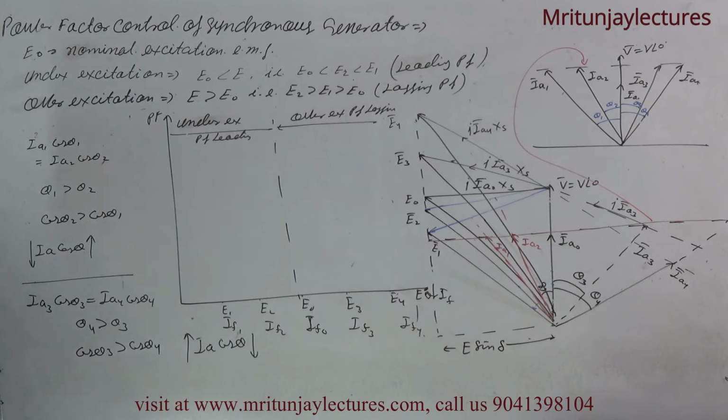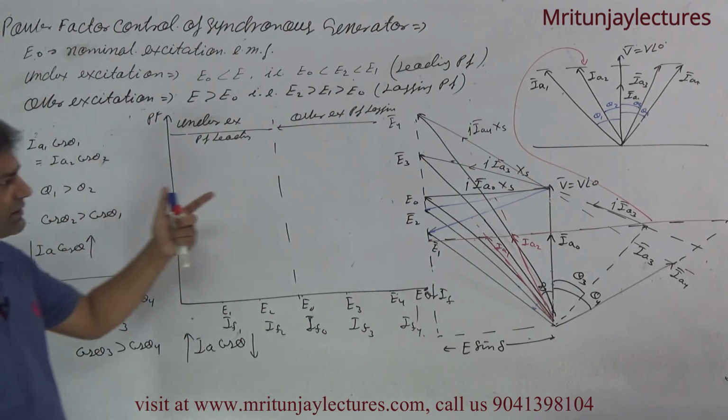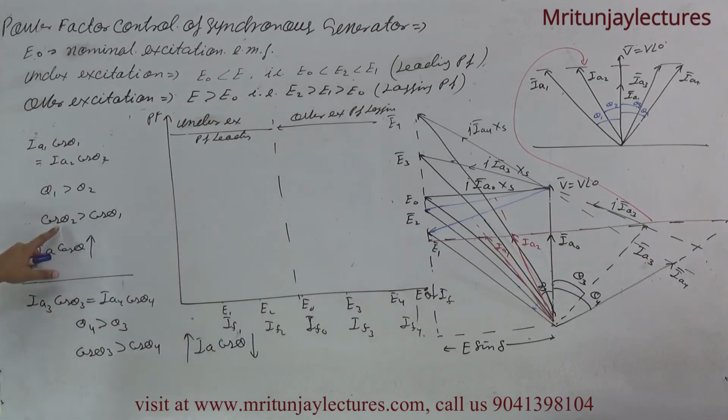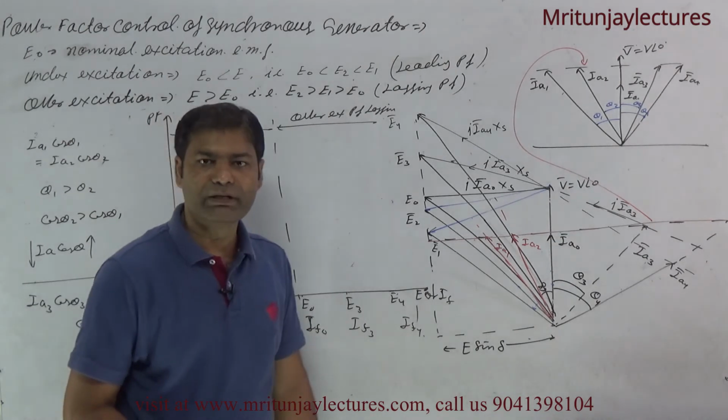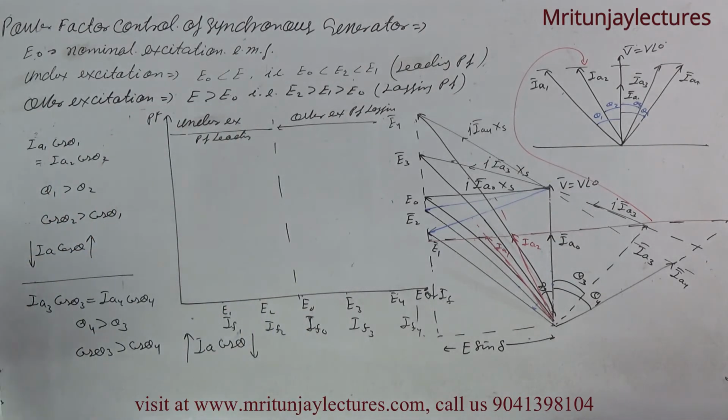Now, under excitation, same here, theta 1 is greater than theta 2. What about power factor? It improves. It means what about current? Decreases. If power factor improves, then current decreases. But we have to focus on the power factor.